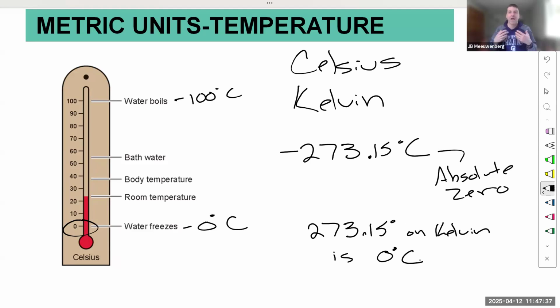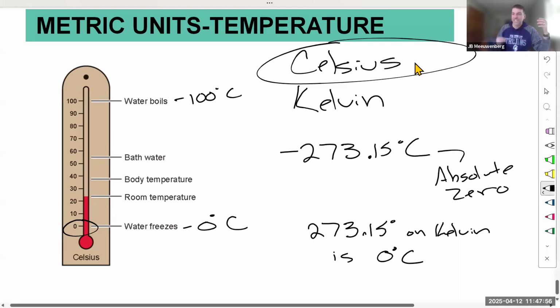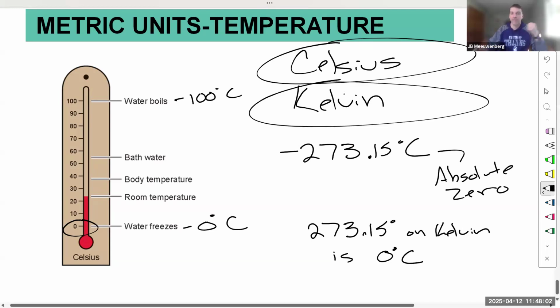So essentially, 0 degrees Kelvin is where all that molecular movement stops. You don't really need to know too much about this. I just wanted you to be aware of it. And know that in everyday use, Celsius is the standard temperature measurement, but in science, Kelvin is often the standard unit of temperature there.